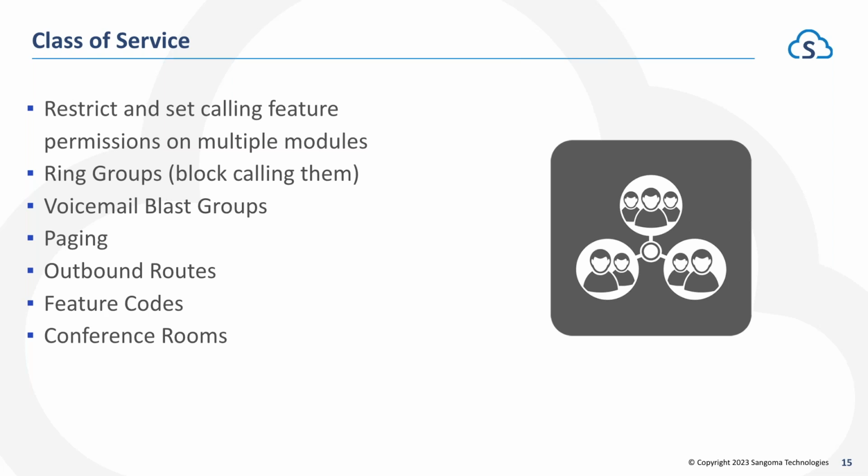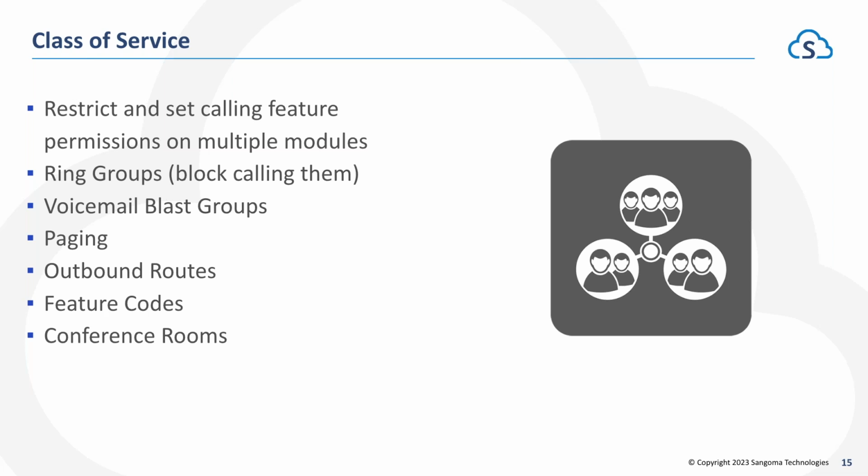From a paging perspective, going back to the school thing, if I'm a student and I know the extension or the feature code to call to do a page all to the school, I could be the one to go pick that phone up on the teacher's desk and do a page all. So we can restrict that from being something that they can dial. And that kind of ties in with feature codes as well. The feature codes for something like Monitor, Whisper, or Barge on an open source phone system are on the internet.